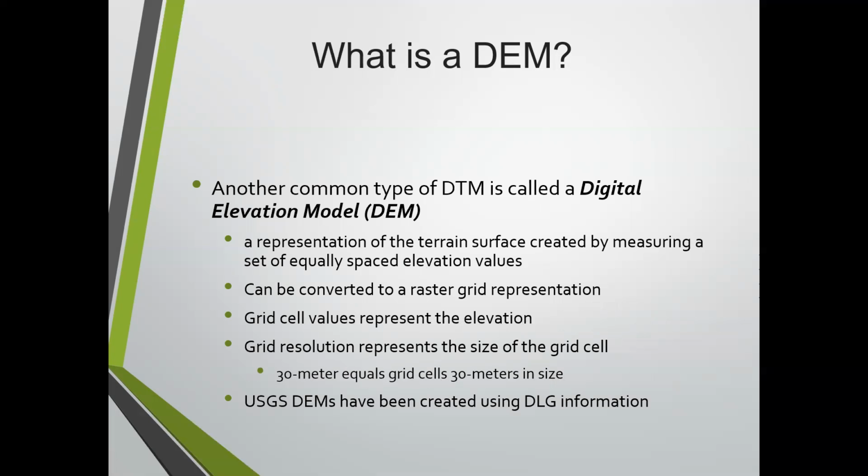USGS has DEM information available, and it's created from digital line graph information. I think we talked about digital line graphs a couple chapters ago. That's digital information where they took the contour lines and scanned those in, and then laid a grid over top of it and extrapolated the points to create these DEMs.